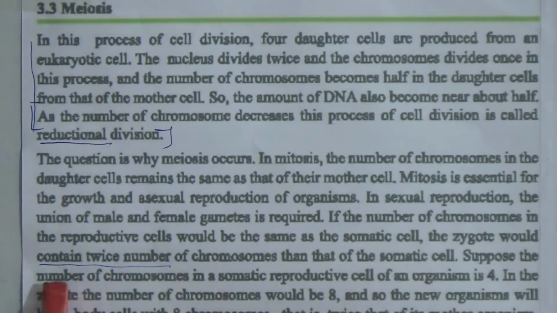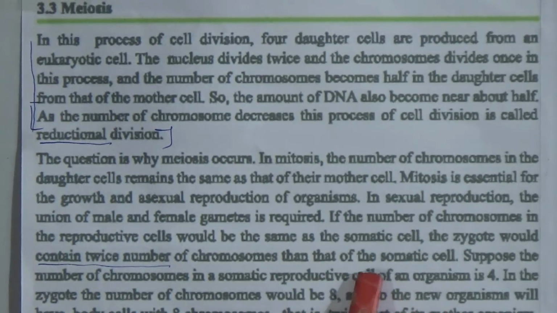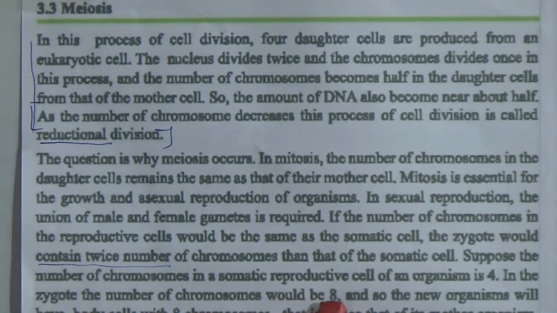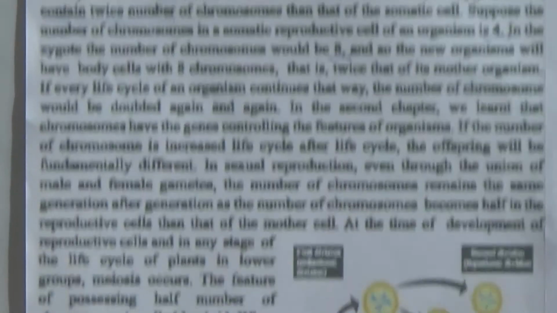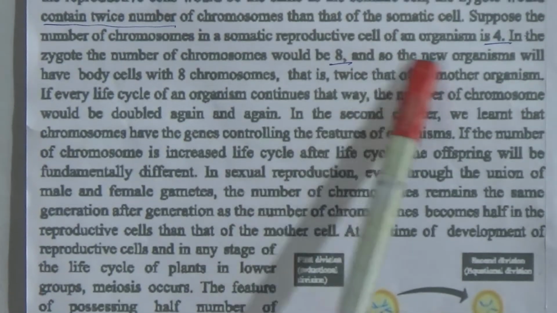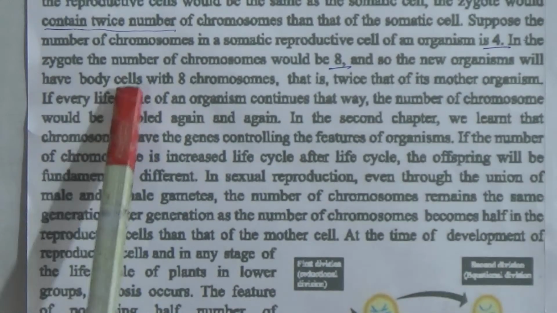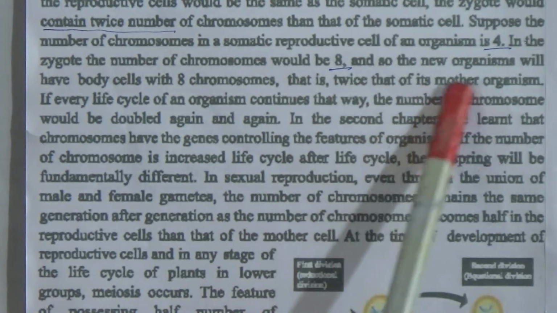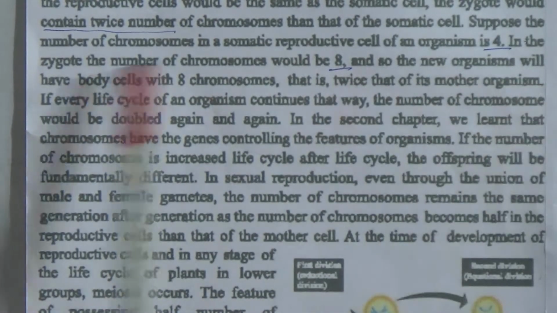Suppose the number of chromosomes in a somatic cell of an organism is 4. In the zygote, the number of chromosomes would be 8. That means double that of the somatic cells. And so the new organism will have body cells with 8 chromosomes, twice that of its mother organism.